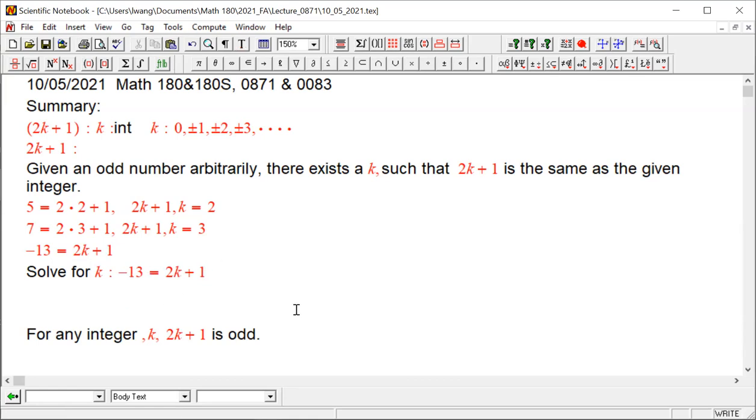What do you get for k? You subtract 1 on both sides. What do you get? Yes, you can write 2k minus 1.